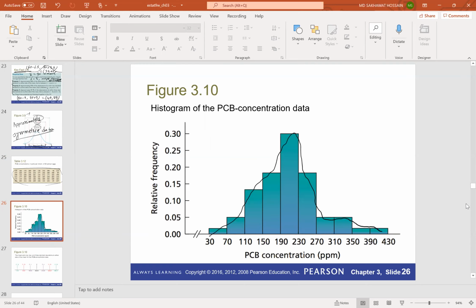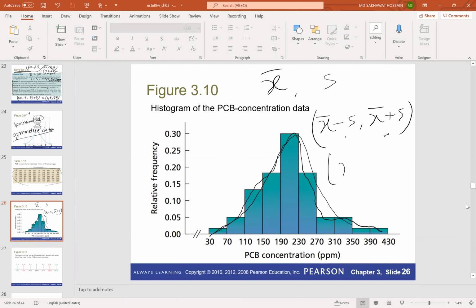So in this case, if you calculate the x bar mean and sample standard deviation, you will see that 68% of the data will be within x bar minus s and x bar plus s. You can calculate the sample mean and sample standard deviation, and count the number of observations between these two numbers, and those will be almost 68% of the whole data set.